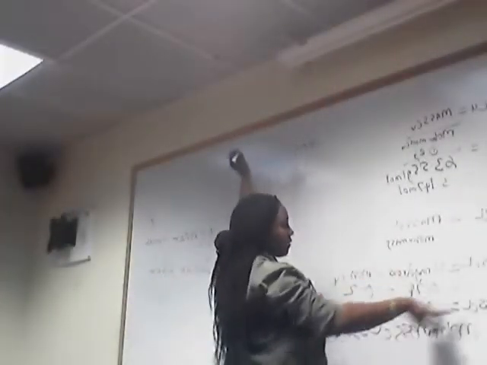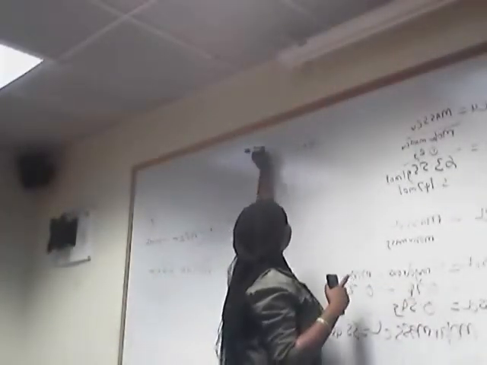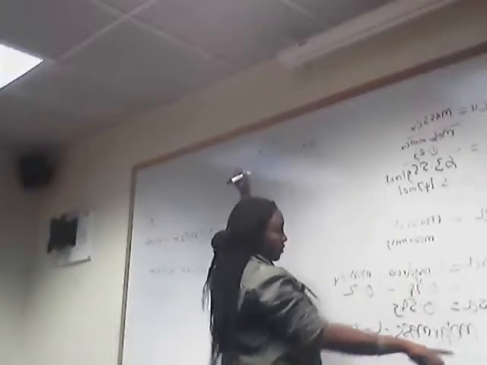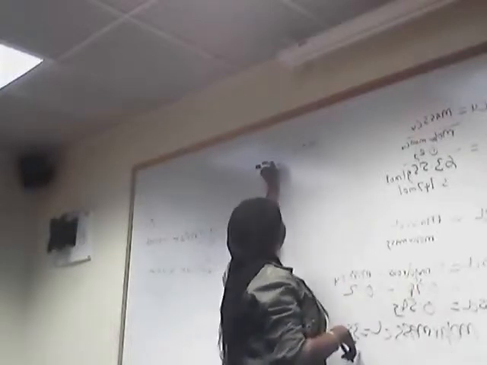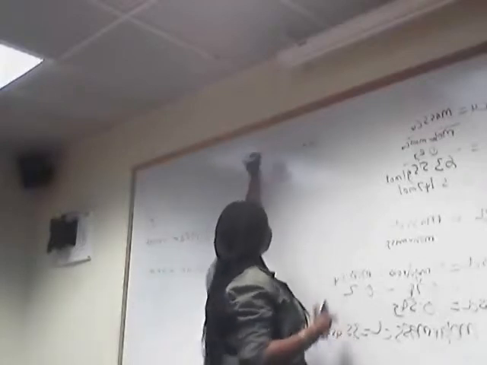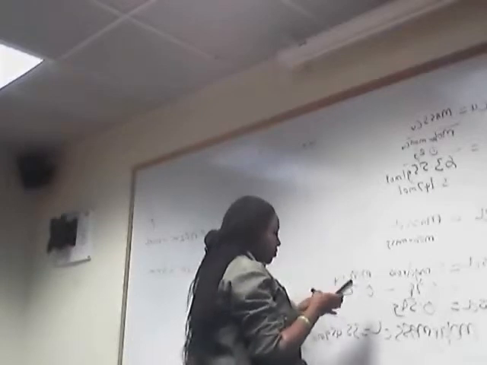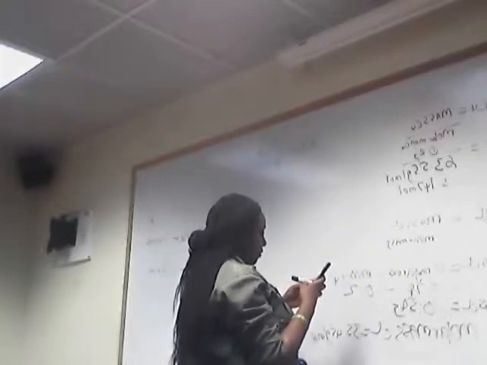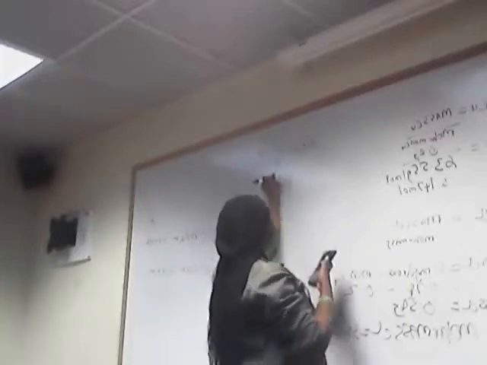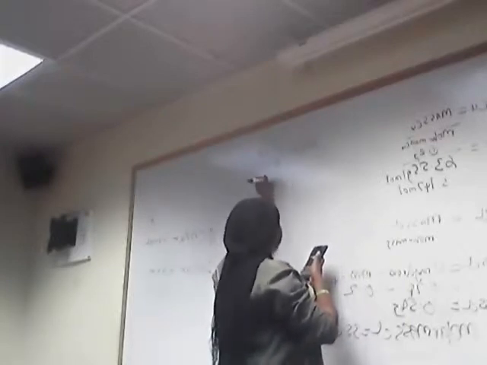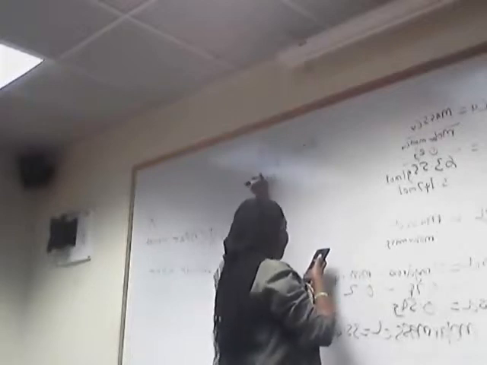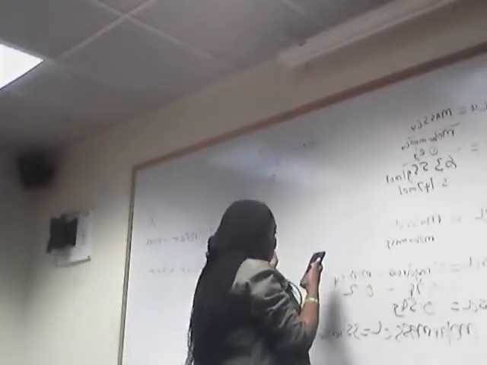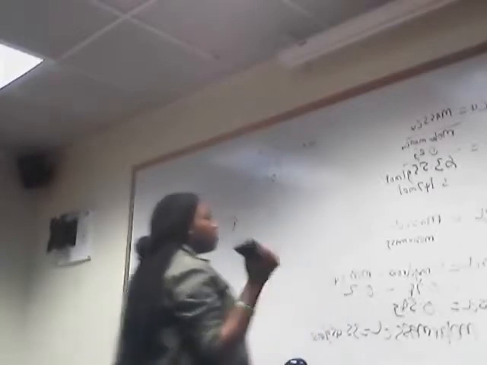So the mole of chlorine is 0.54 grams over 35.45 grams per mole, the grams cancel, and 0.54 divided by 35.45 gives you 0.015 approximately. So now we have the mole of each of them.